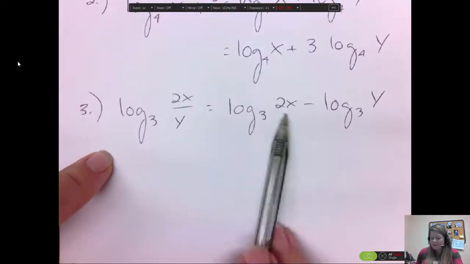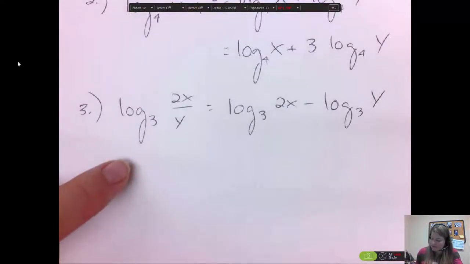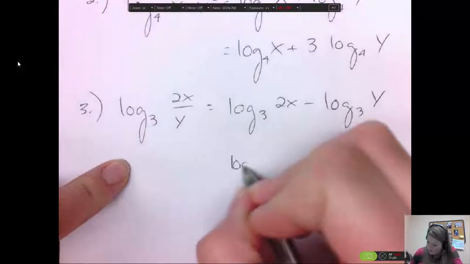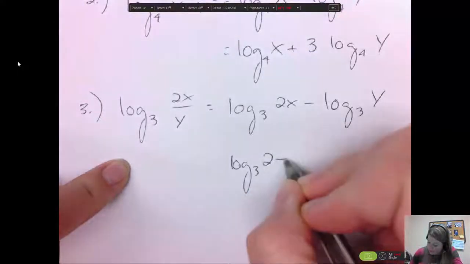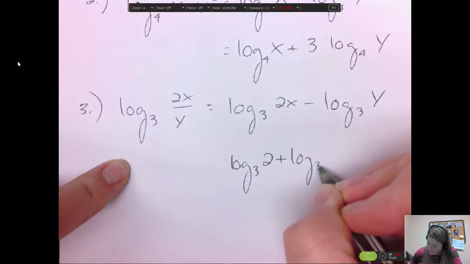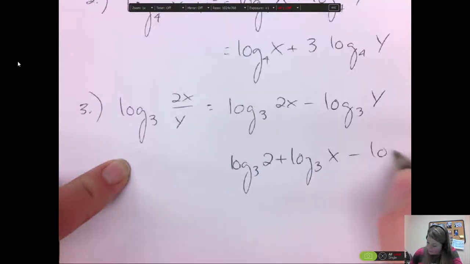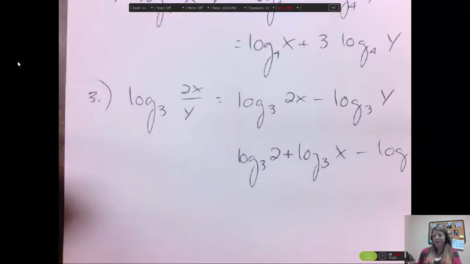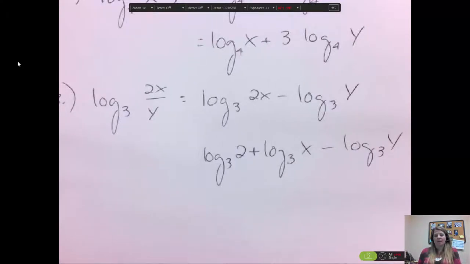And if you needed to, you could break this one up too, because that's times, right? So I'd have log base 3 of 2 plus log base 3 of x minus log base 3 of y. So wow, there we go. So that one's kind of a long one.